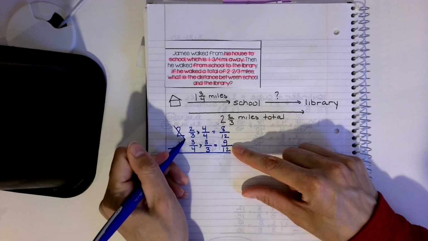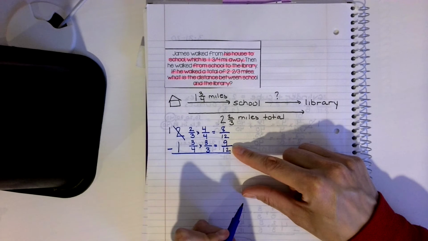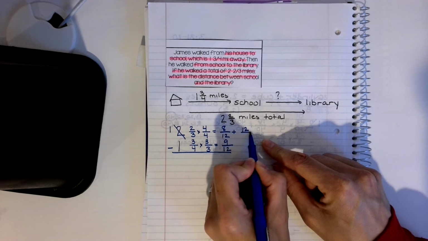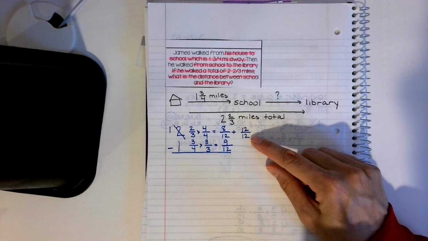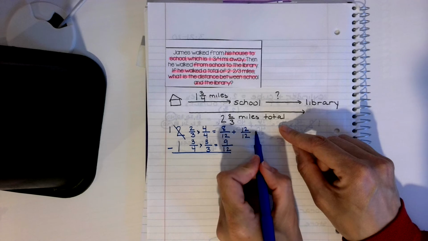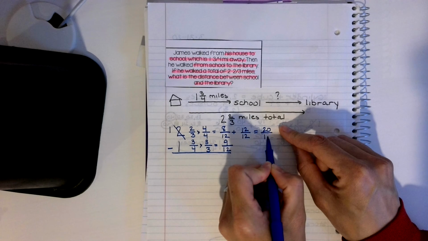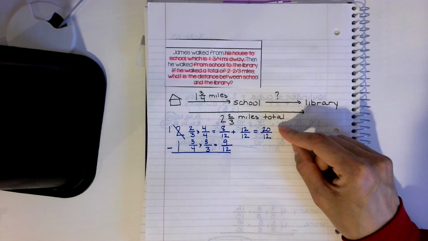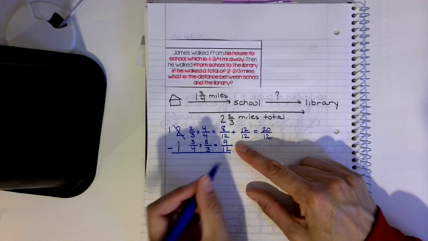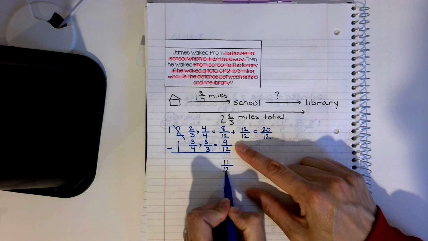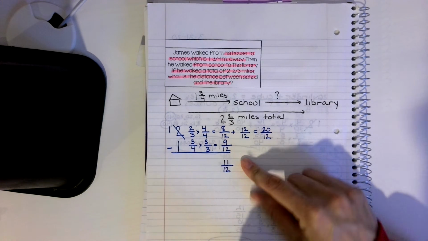So you're going to borrow 1 whole from here. And we're going to add it over here as 12 twelfths, because 12 twelfths is equal to 1 whole. 8 plus 12 would be 20 twelfths. Now we can subtract. 20 minus 9 is 11. So you'd have 11 twelfths. 1 minus 1 is 0.